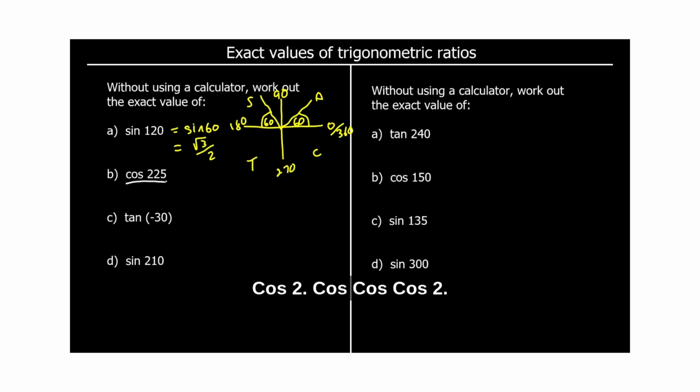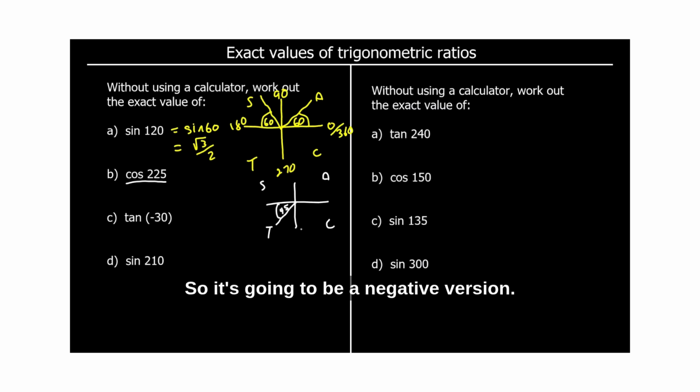Cos 225. So again, a CAST diagram. That's 180. It's 45 more than 180. And cos is negative between 180 and 270.